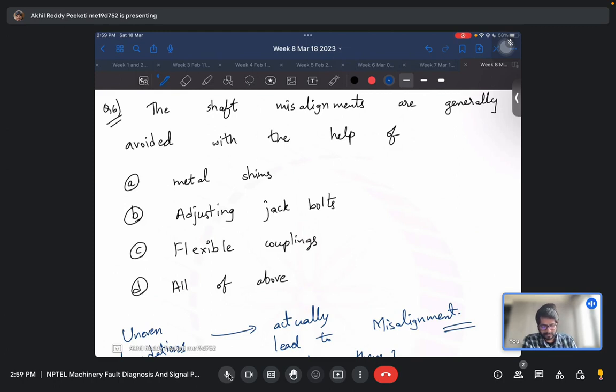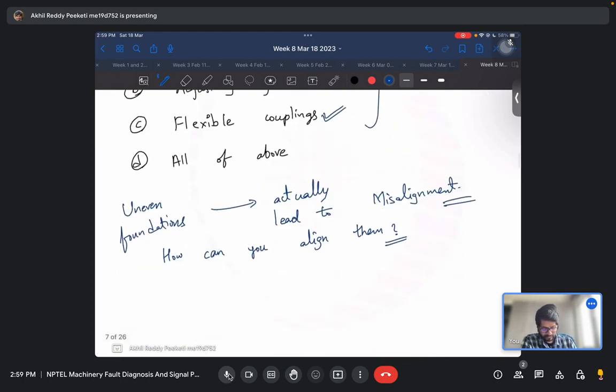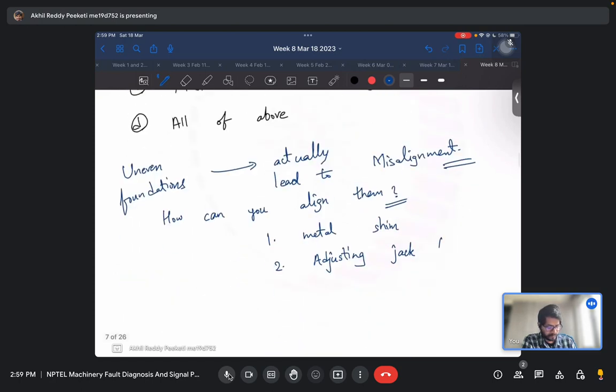The answer is actually all of them: metal shims, adjusting jack bolts, and flexible couplings can all be used to avoid misalignment. Because the shafts are misaligned, there could be lateral or angular misalignment.